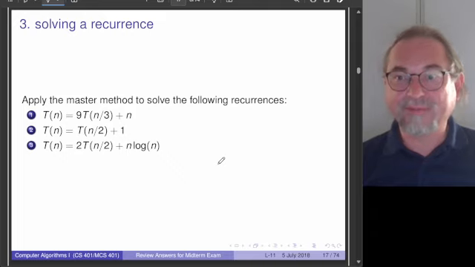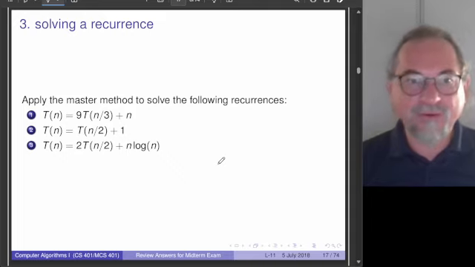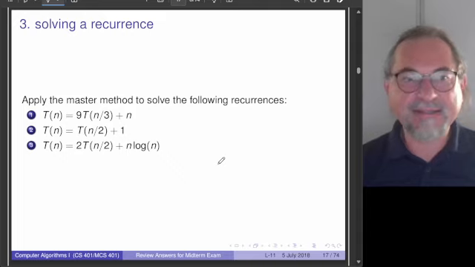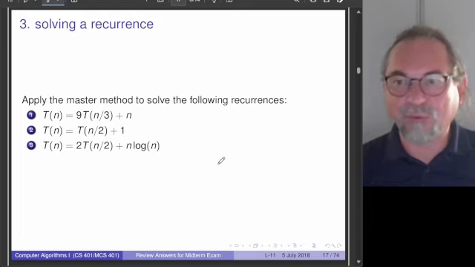It's important then for you to know which case you're in. Here there are, for the review, case 1, case 2, case 3. I'm also saying that you have to apply the master method. On the midterm exam, I may not do this.